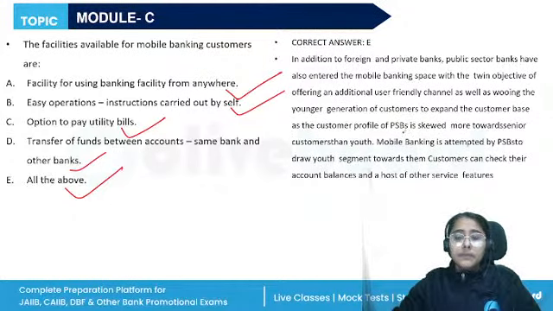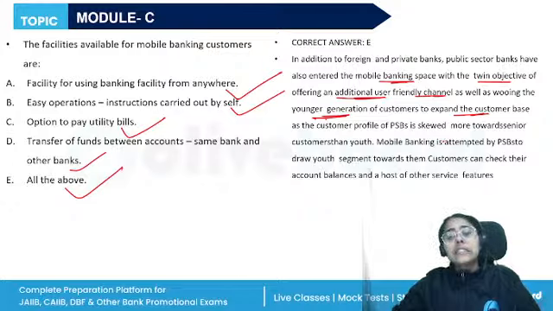Mobile banking has entered the public sector banks as well, with the twin objective of offering an additional user-friendly channel, also attracting the younger generation customers to expand their customer base. Earlier, the public sector banks' customer profile was more skewed towards the senior customers than the youth. But now they're also trying to draw the youth segment towards them.